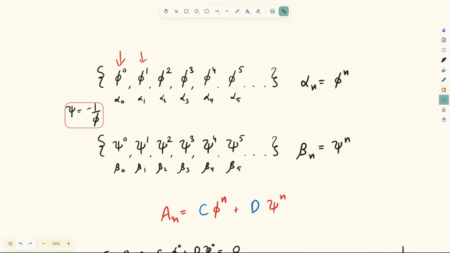And you can, because it was the solution to this characteristic equation of the sequences defined by the recursive relation, you can consider the general solution to be a linear combination of the terms of these two sequences.